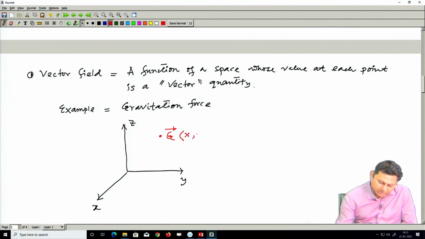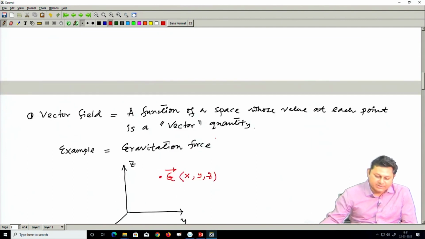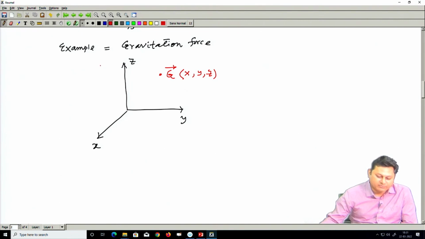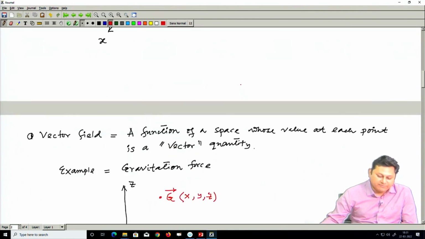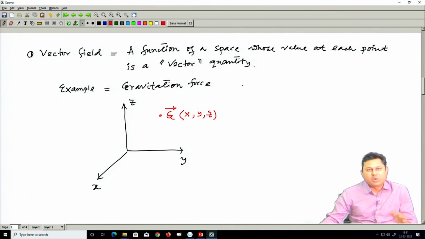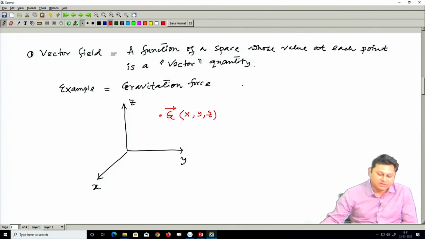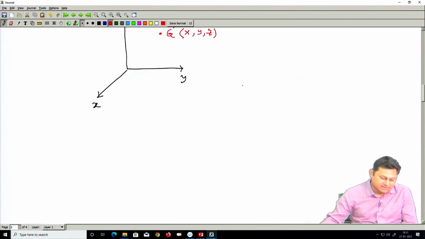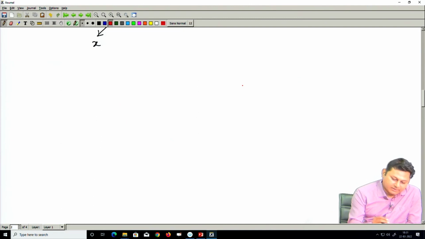So, it is a function of x, y, z, but the only difference from temperature is that temperature has a value only, whereas here, the gravitational force in this space should be a vector quantity, and that is why it becomes a vector field. So, scalar field and vector field are different functions. In one case the function is a scalar function, and in the other case the function is a vector function. Let us try to understand this in this very simple way.